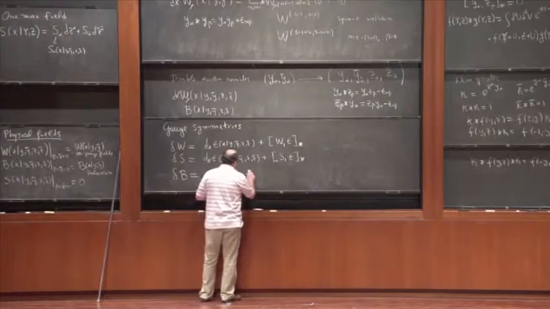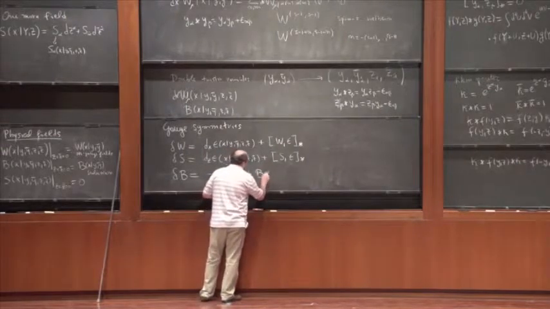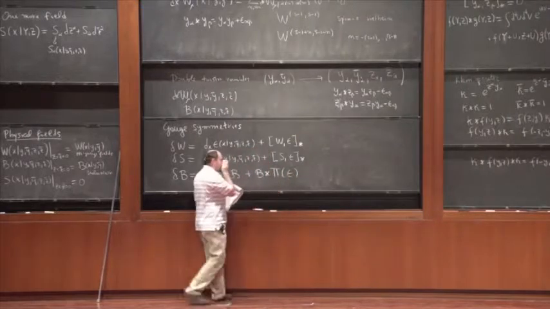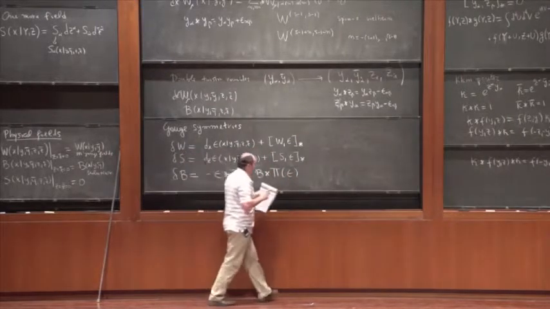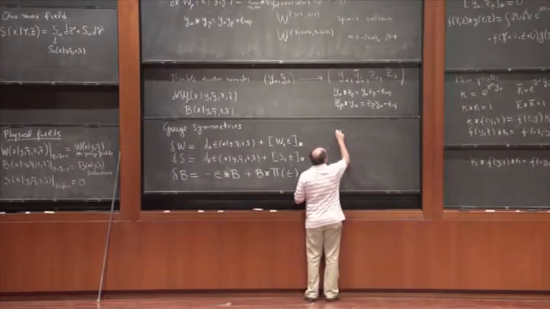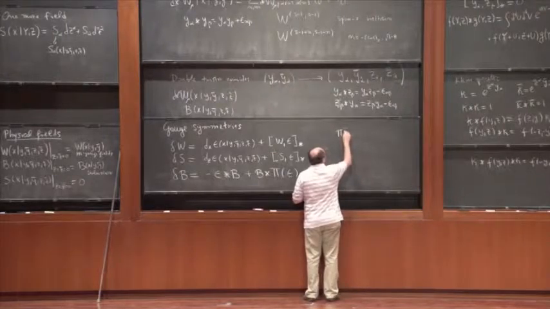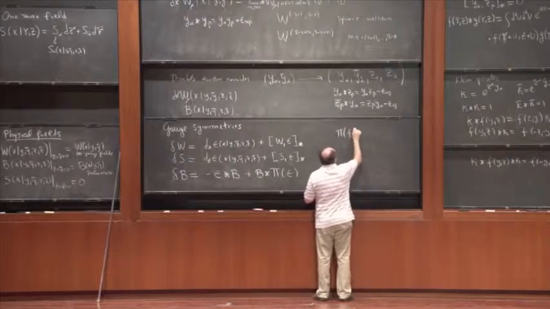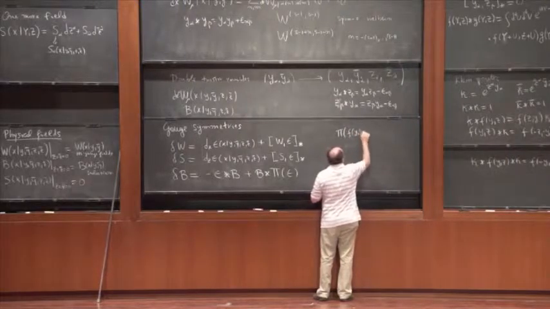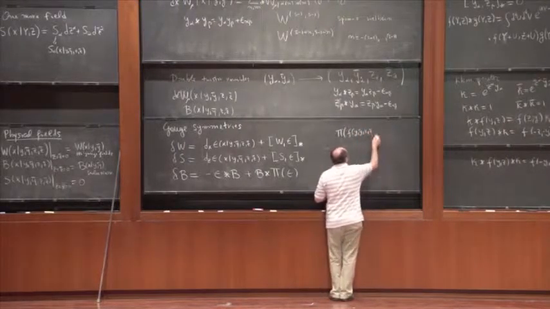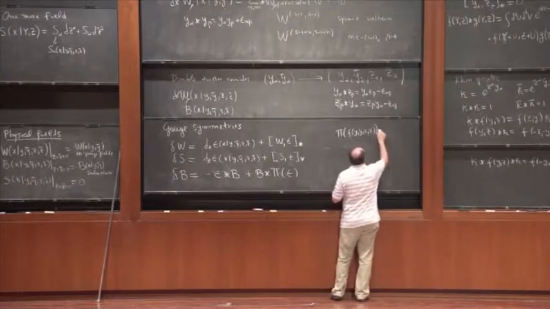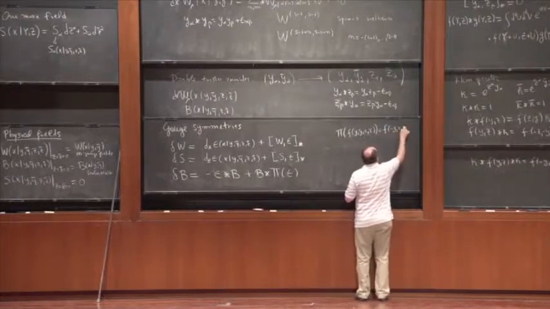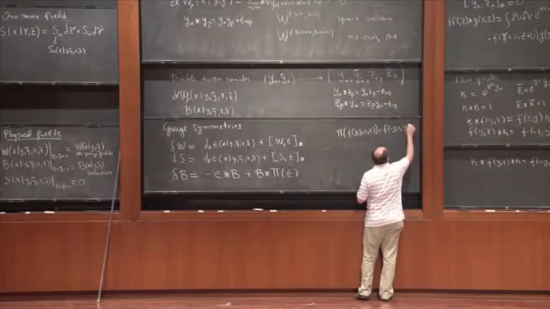That's almost true, except that we need some kind of twist in this transformation law, where this pi is defined such that pi on a function of y, y bar, z, z bar gives f of minus y, minus y bar, minus z, minus z bar.